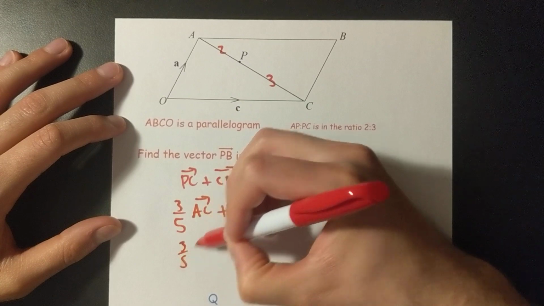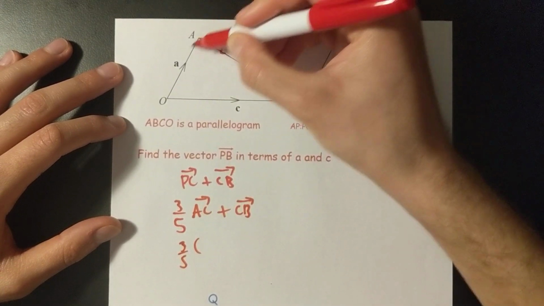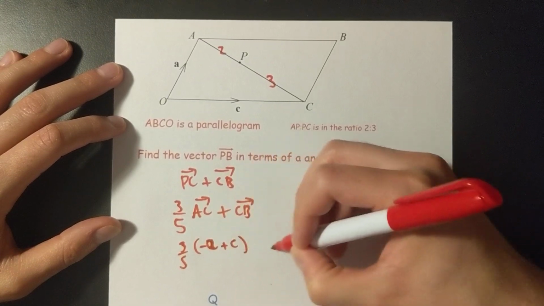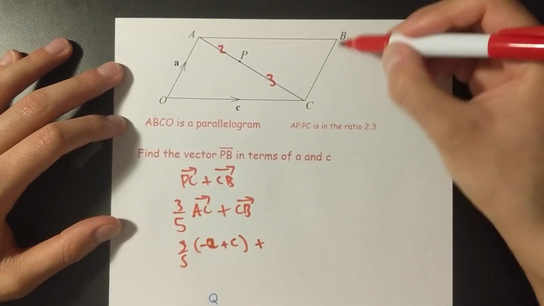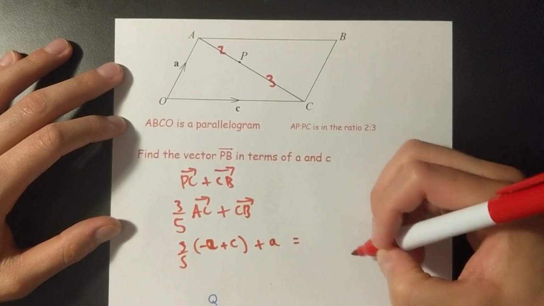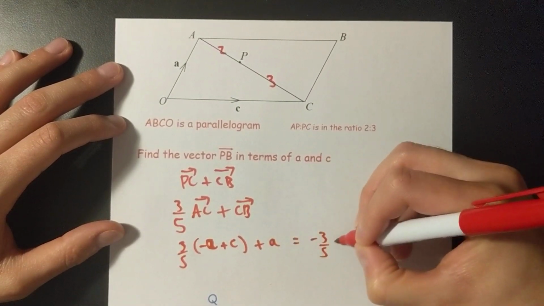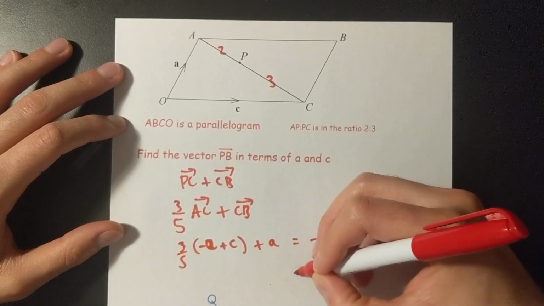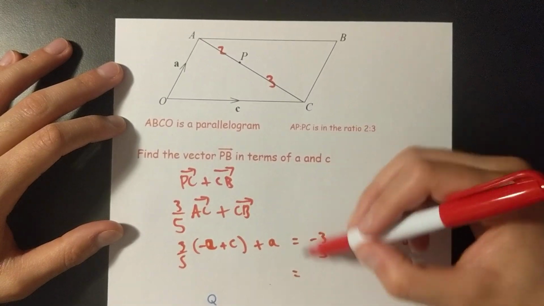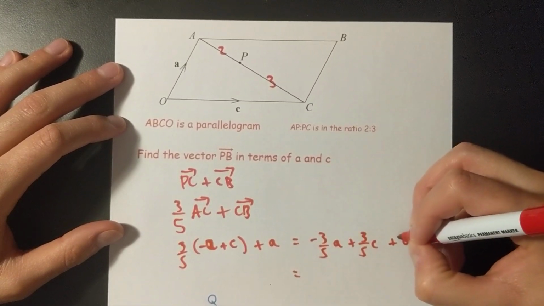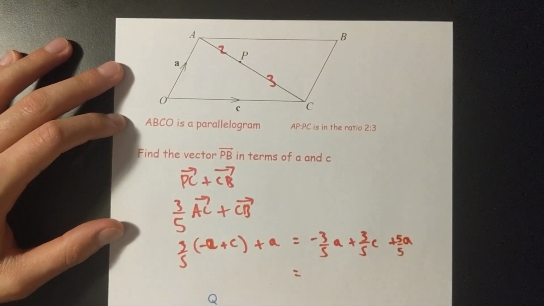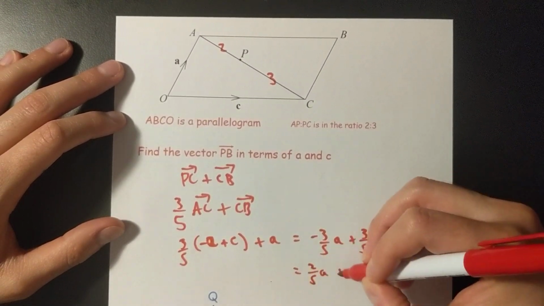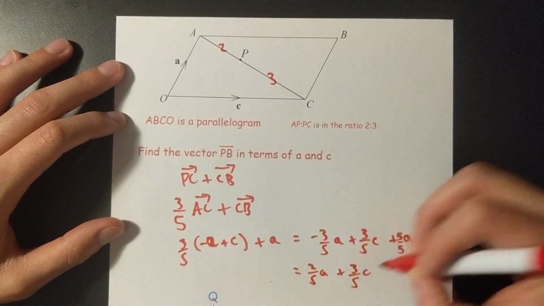So we have got 3/5 of A to C is negative A plus C, added to CB, which is just A. So that is negative 3/5 of A plus 3/5 of C plus A. So here, negative 3/5 added to a whole of A, so that is 5/5. That is going to give me 2/5 of A plus 3/5 of C.